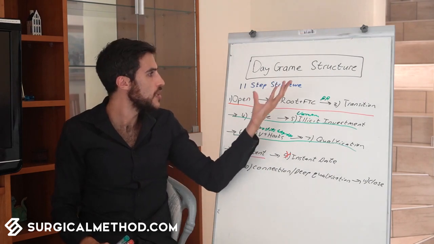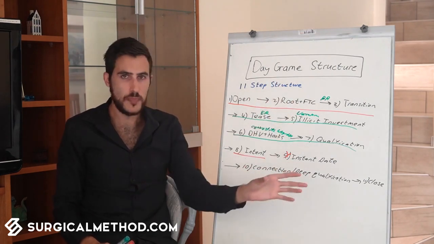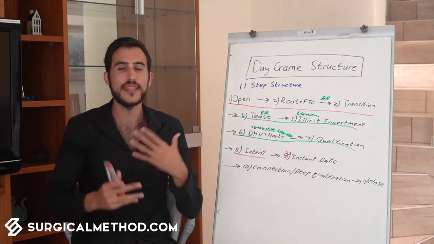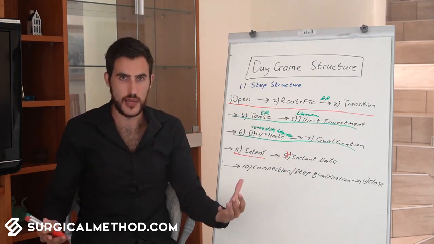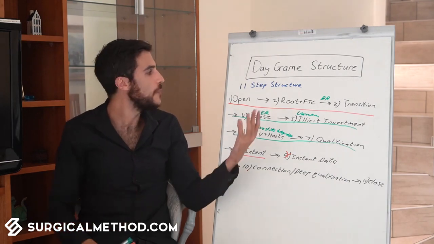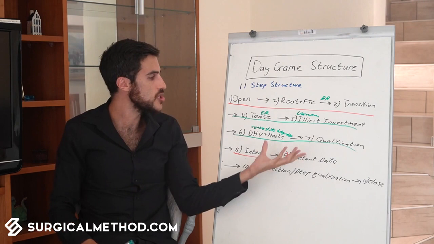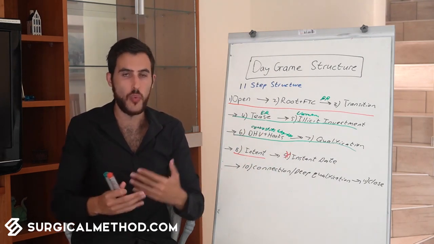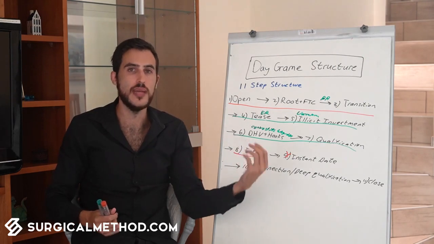But this is an overall structure, and whenever you're in the program, always come back to looking at this structure to really understand how to do your day game. Okay, very, very important. Now, in the next video, I'm basically just going to take the structure, just tell you a little bit more advanced nuances and ways of thinking about this same structure.